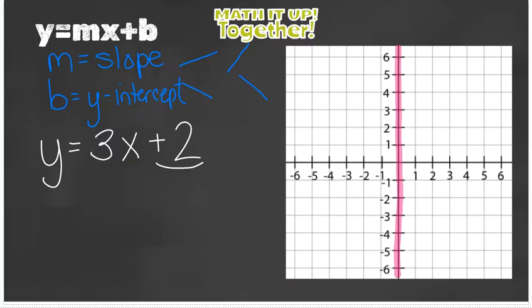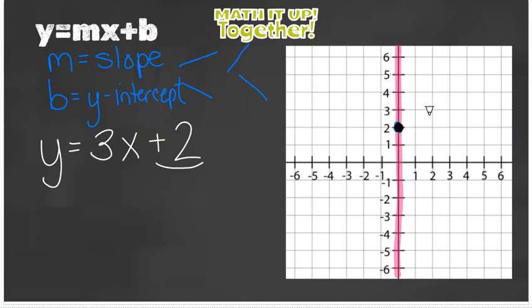Okay, so somewhere along the y it's going to pass through, and this tells us where. So in this case, this line is going to pass through the y-axis at positive 2. And we can graph that point. I'll do that in black. And there it is. So I have 1 point.